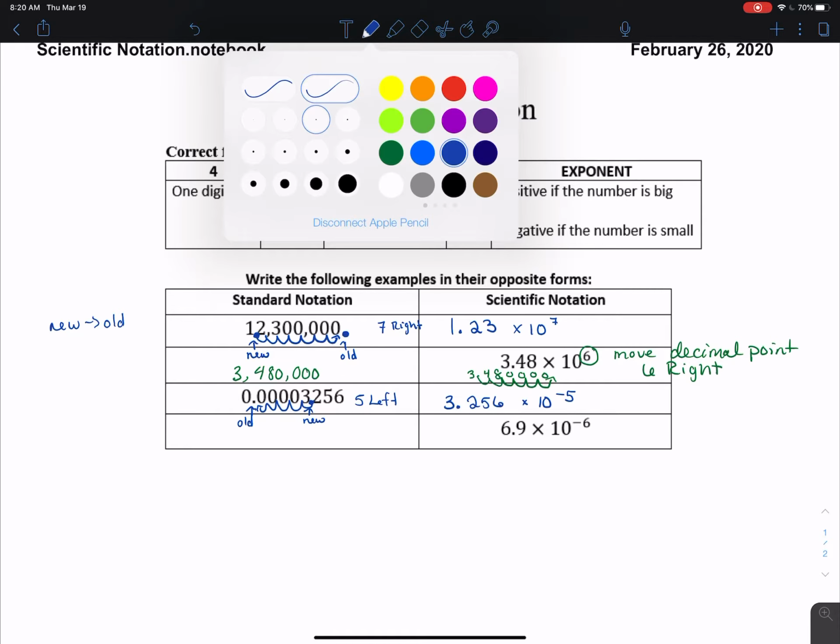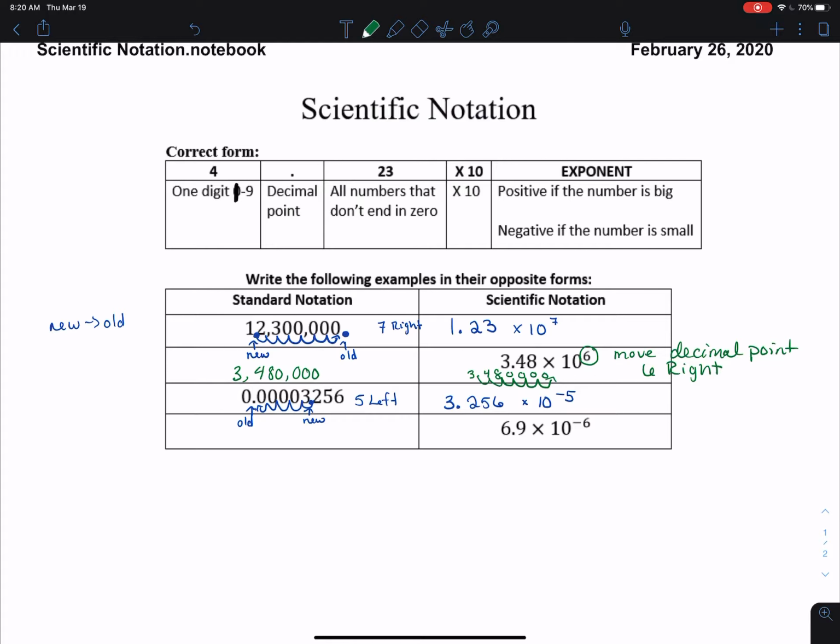If I look at the next example, I have 6.9 times 10 to the -6th power. That -6th power is telling me to move the decimal point 6 spaces to the left. So I have 6.9.